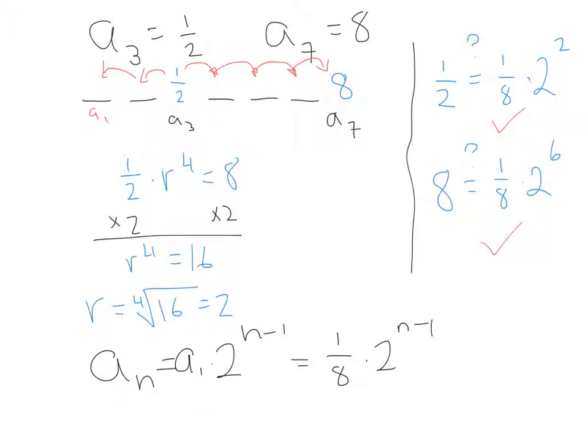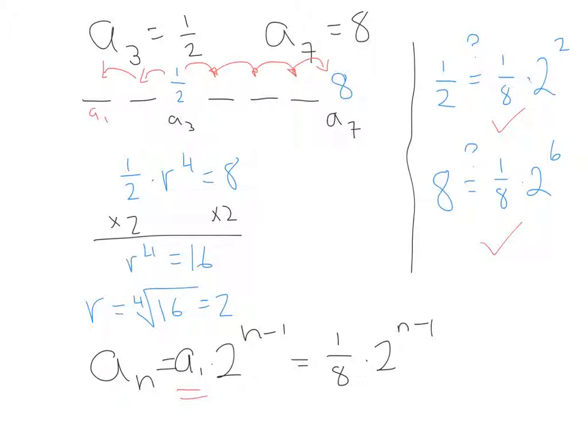And just to make the point clear, we cheated a little bit to find a sub 1 by just backing our way out from a half down 2 steps. So we divided a half by 2 each time. You could have done it formally, once again, by plugging in 1/2 for a sub n, or a sub 3, right? And then plugging in 3 for n, and then solving for a sub 1. You can do that.